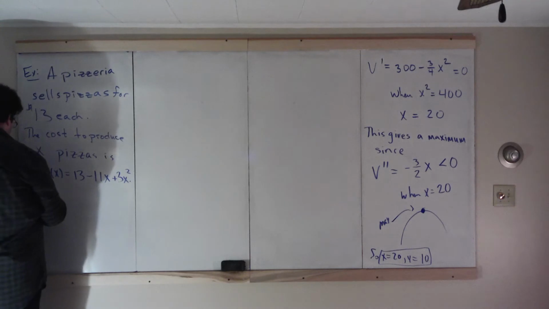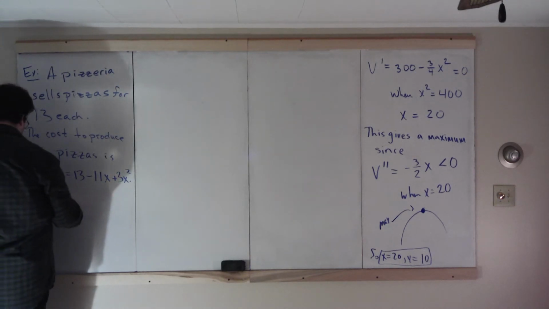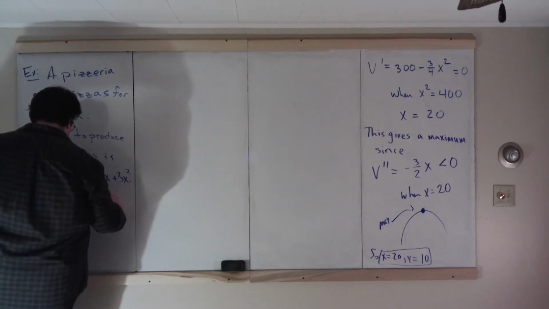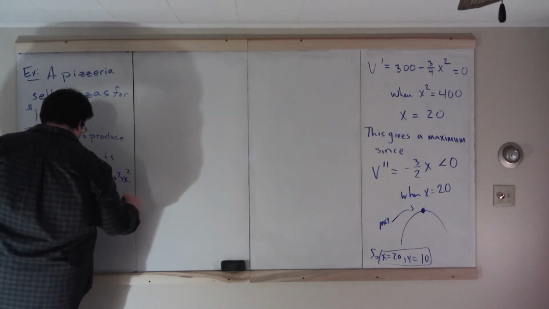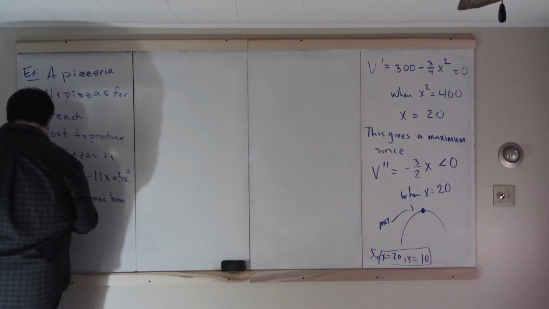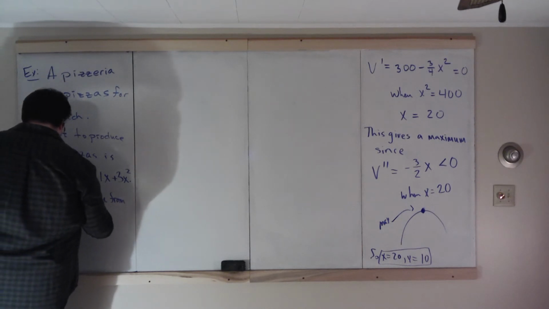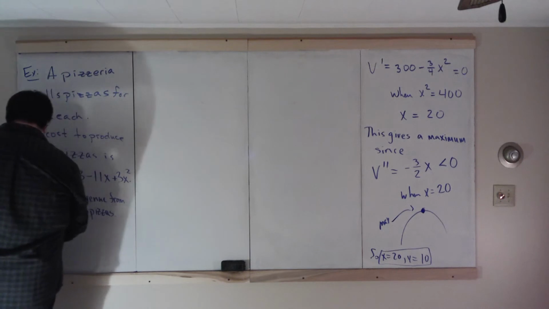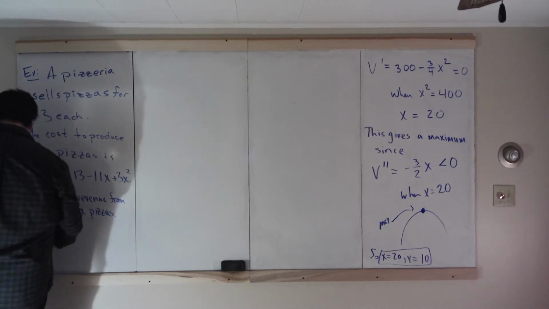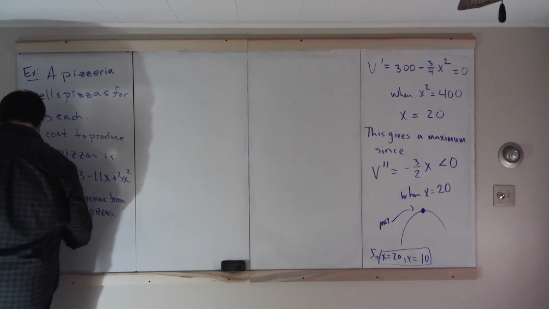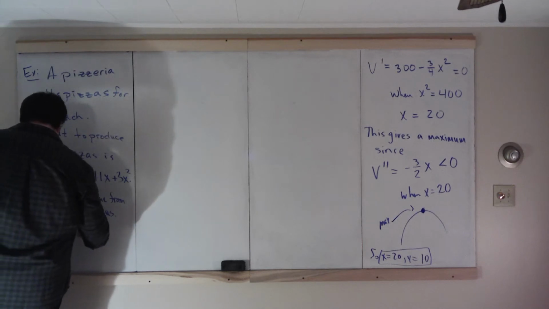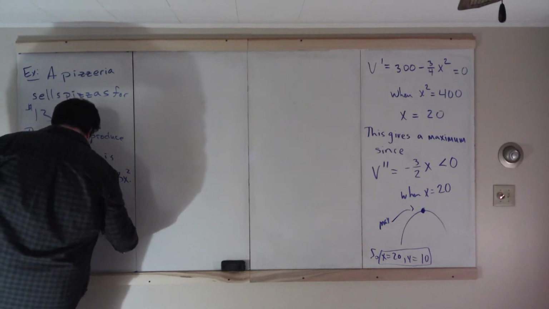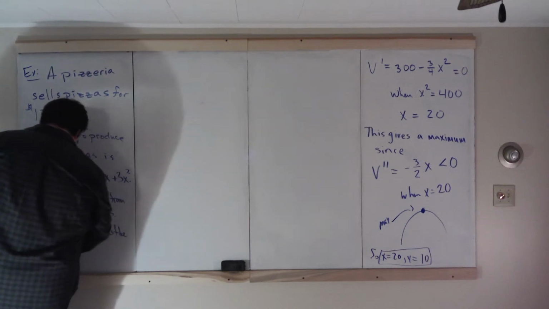Two parts. Part A, find the revenue from selling x pizzas. Part B, how many pizzas must be sold to maximize profit?